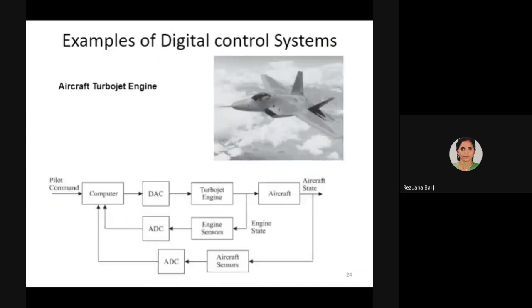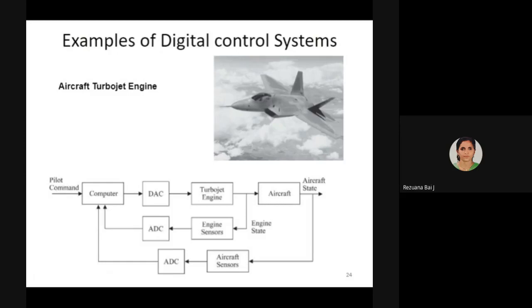Okay. So another example is the aircraft turbojet engine. It is actually a multi input multi output, MIMO, digital control system. You can see that two or three inputs are coming. Sensing is done in two stages. Here the engine condition is sensed, and the aircraft is also sensed, that is, the state of the aircraft, in the sense the altitude of the aircraft.